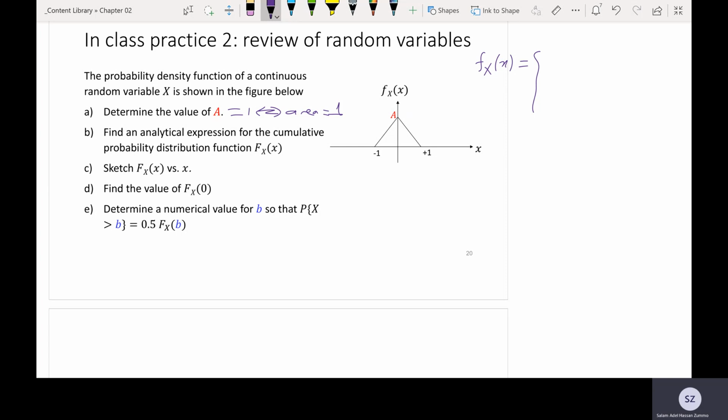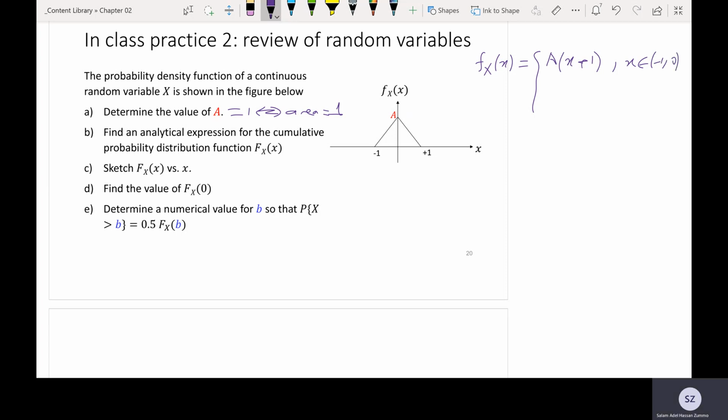What is the thing that is between -1 and 0? Now, A, not T, x. x is plus or minus? It's x plus 1, which takes it here, and it's only valid for x between -1 and 0.